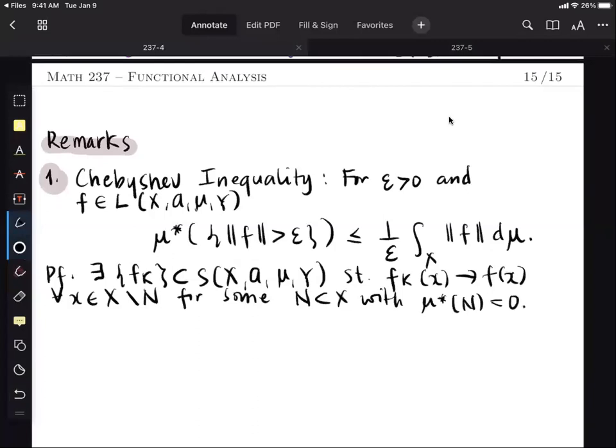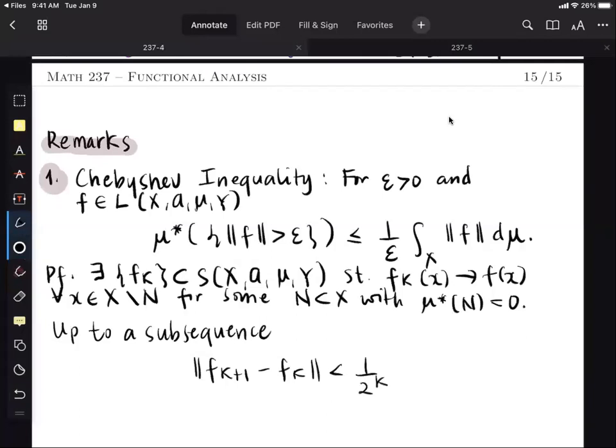So we have convergence except on a set having outer measure 0. Adapting the proof a while ago, up to a subsequence, we can assume without loss of generality that the norm of the differences is less than 1 over 2^k.